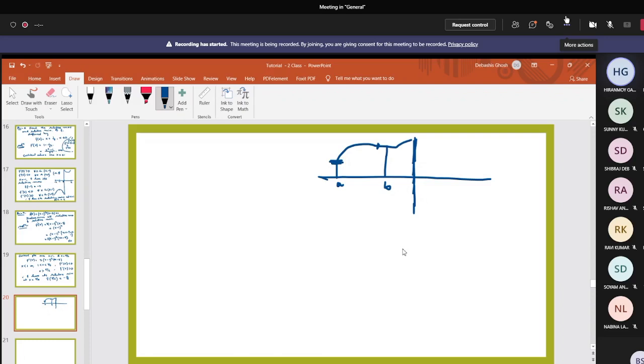So at some point you need to compute that f dash c equals 0. Then you have to check whether the gradient of the tangent is changing from acute to obtuse, that is the angle we make with the x-axis. If it is acute to obtuse, then it comes to a maximum. If it is from obtuse to acute, then it comes to a minimum.